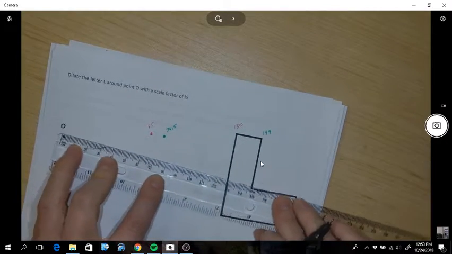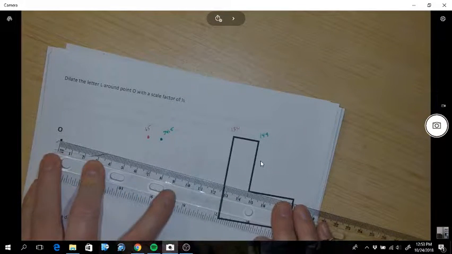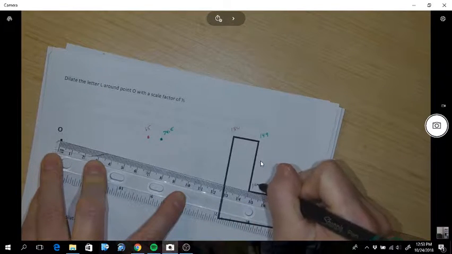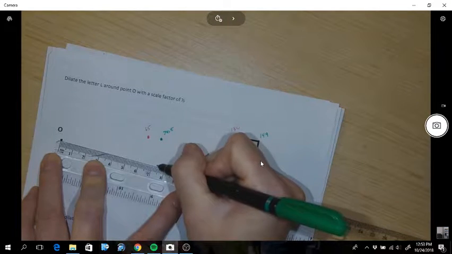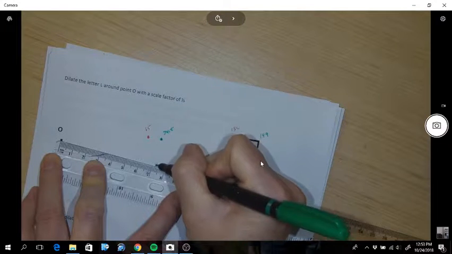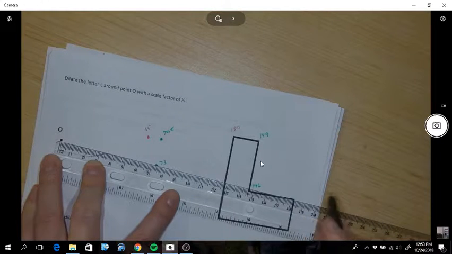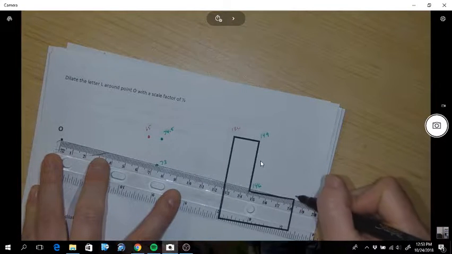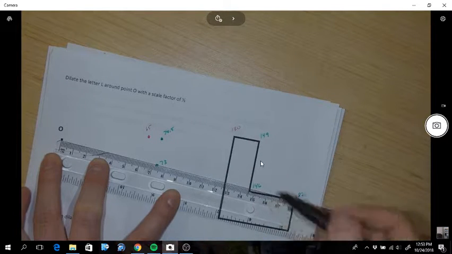Okay, let's get a new point. This intersection, so that's 146. Take half that and go 73. Okay, let's go to this outside point here. 180, 182. So that's 91.